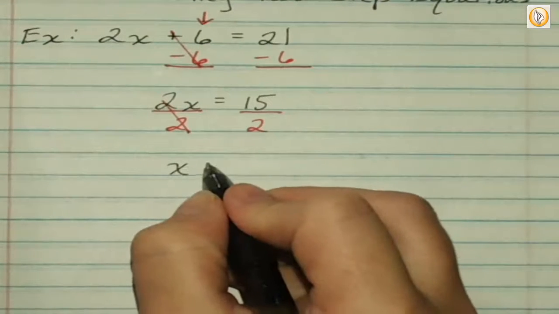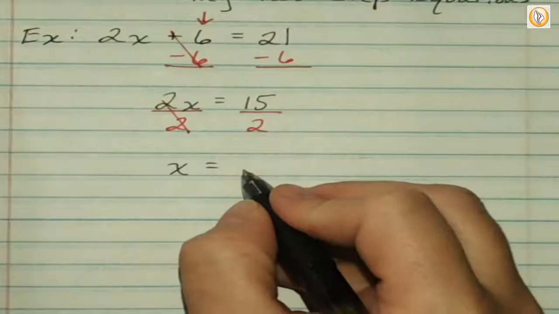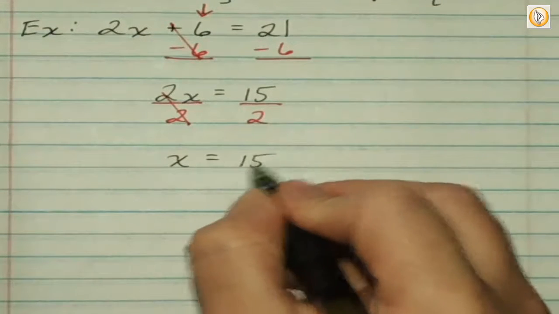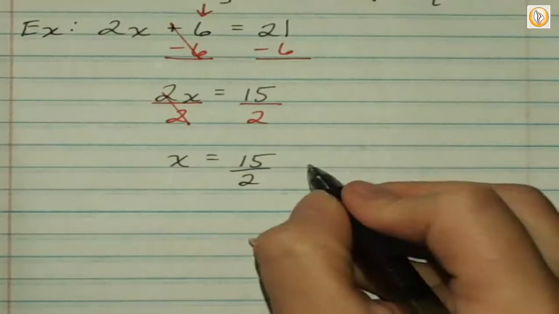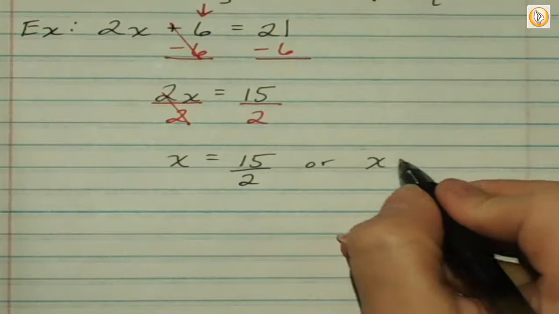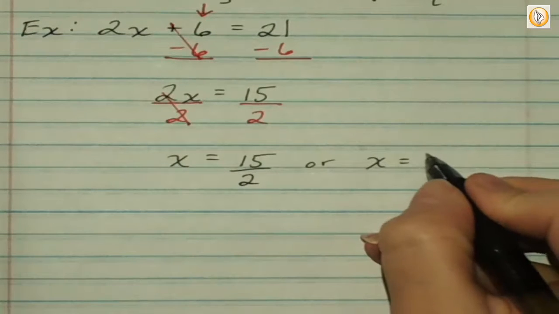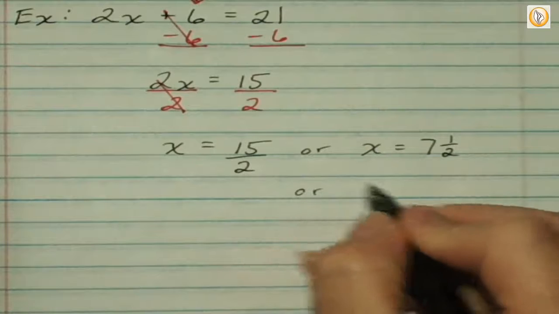And you get 15 over 2. Your book doesn't have a preference. You can keep it in an improper fraction, or you can go ahead and put it as a mixed number, or a decimal.